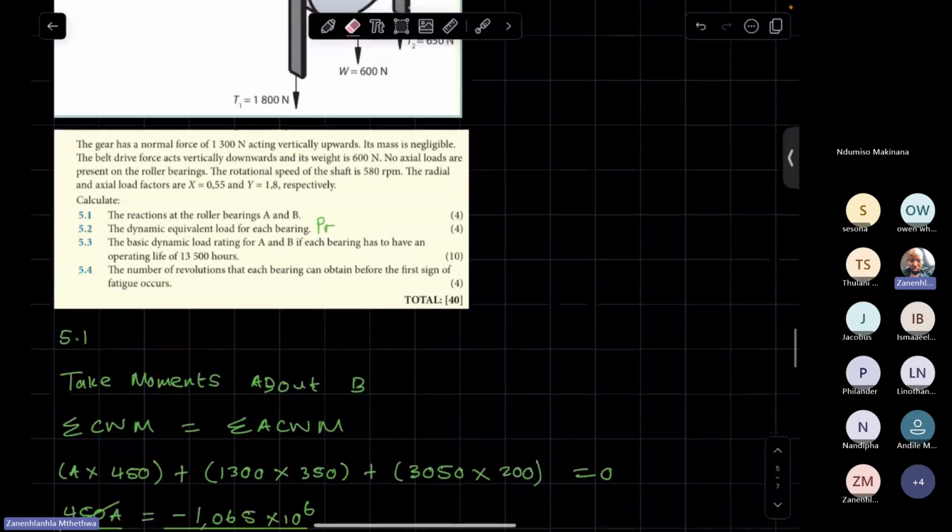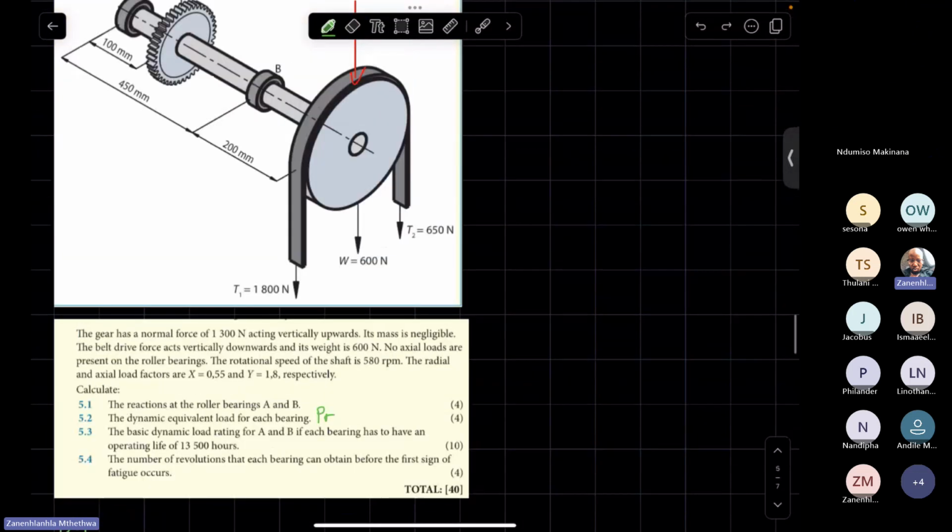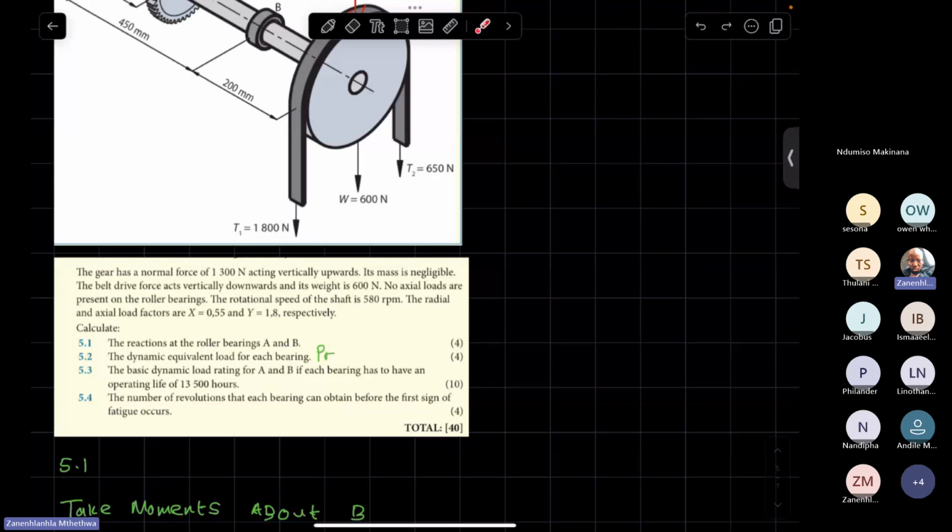So in calculating PR, bearing in mind that the dynamic equivalent radial load is for each bearing, we are going to have to calculate individually because each bearing has a different magnitude.